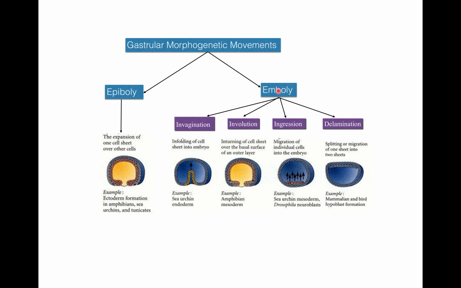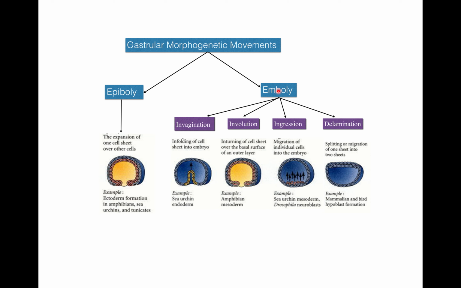Now there are morphogenetic movements. What are the morphogenetic movements? Gastrulation is affected by physiochemical conditions, and the movement and changes in the shape of cells and groups of cells of the embryo occur. This directed cell migration is rapid and dynamic, and it results in the change of structure of the embryo.